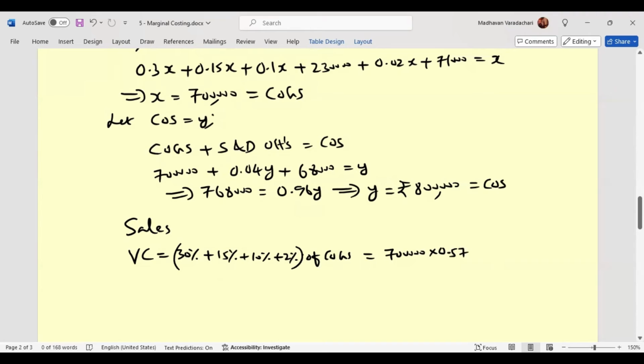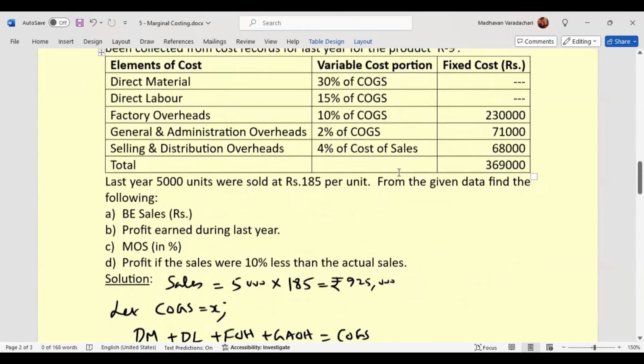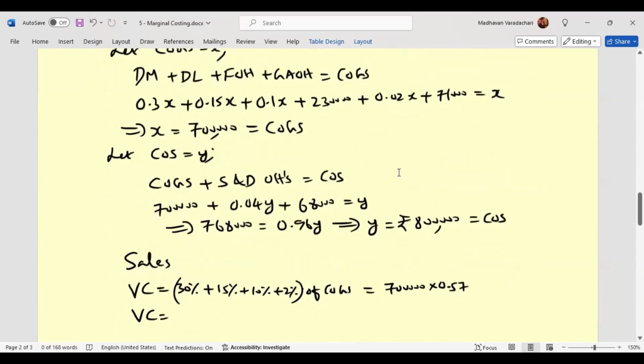Then variable cost, one more is there based on your cost of sales, 4%. So 4% of cost of sales, which will be 8 lakhs multiplied by 0.04.